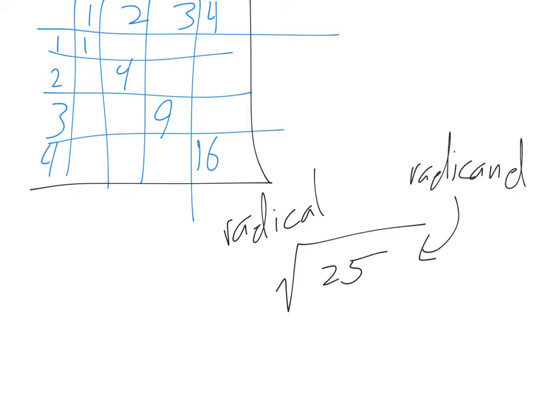So you have your radical and your radicand. You would read this as the square root of 25, or radical 25. What you're trying to do is figure out what number times itself equals 25. You would work backwards in a chart like the one you have up here, and you would know that right down here would be the next number, 25, which is 5 times 5. So that means that the square root, or radical 25, equals 5.